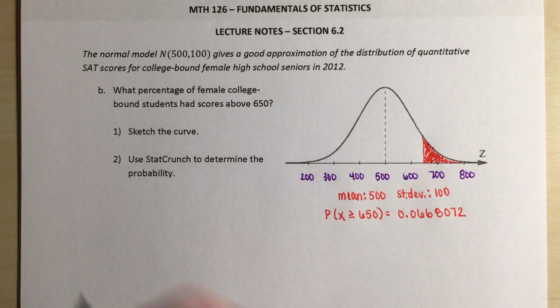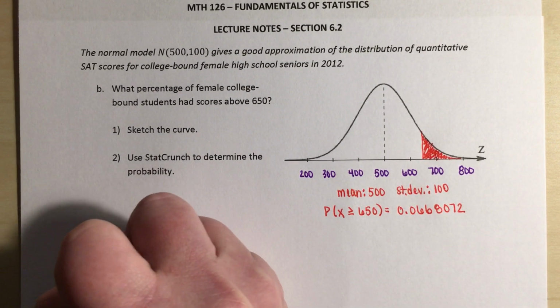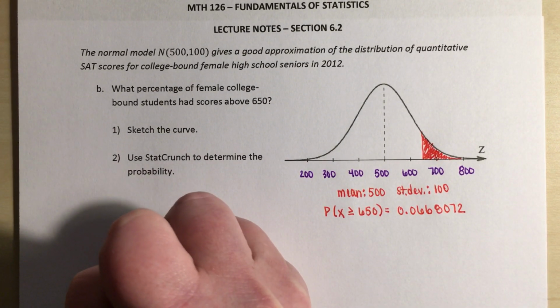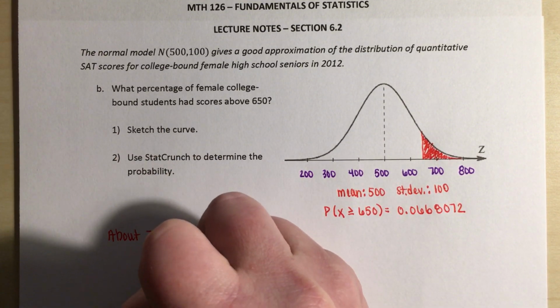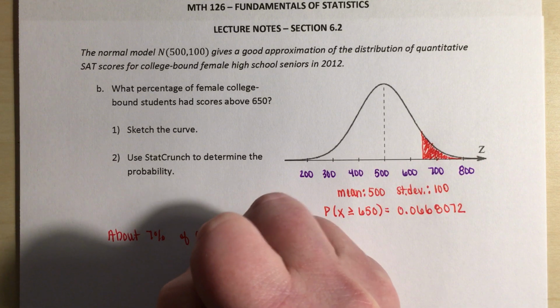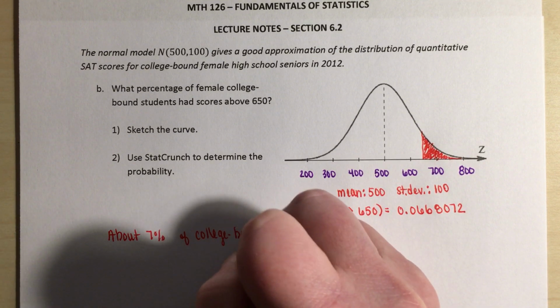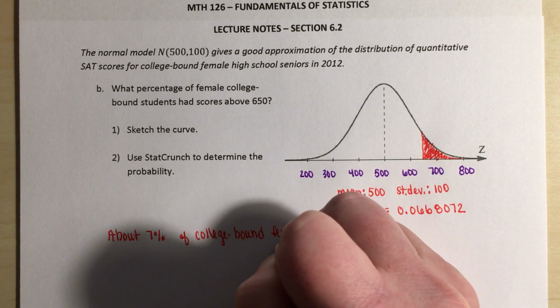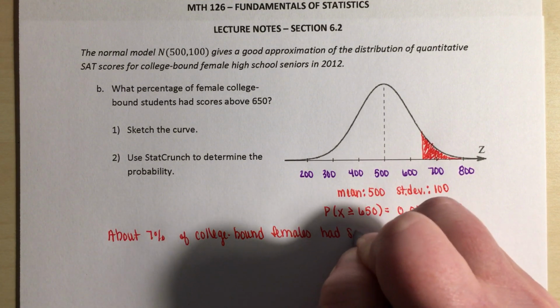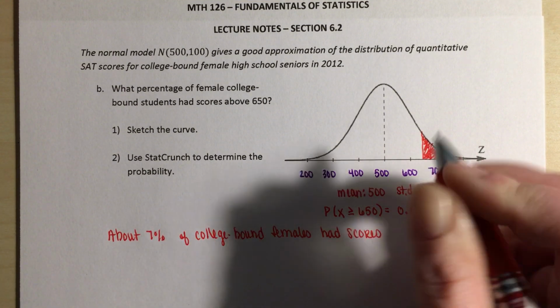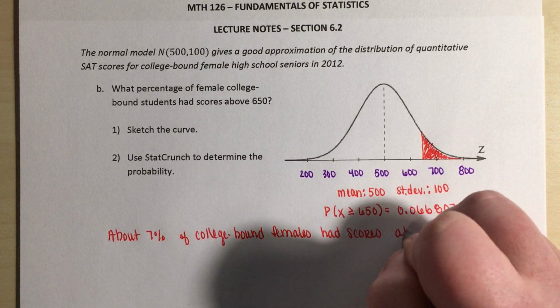So we will say about 7% of college-bound females had scores above 650.